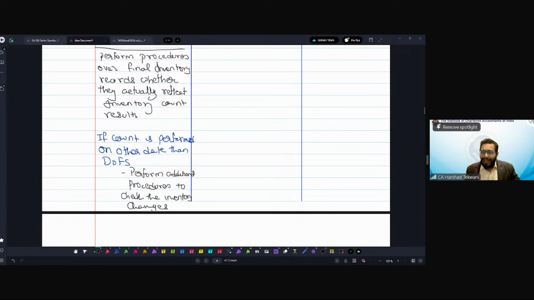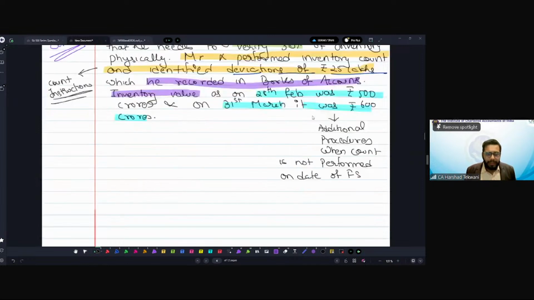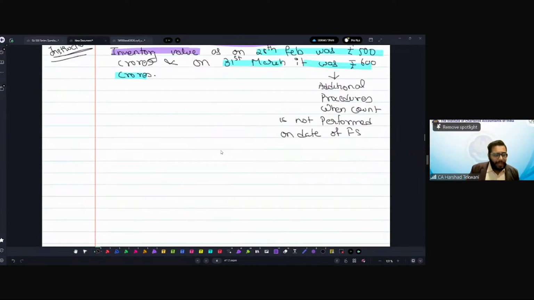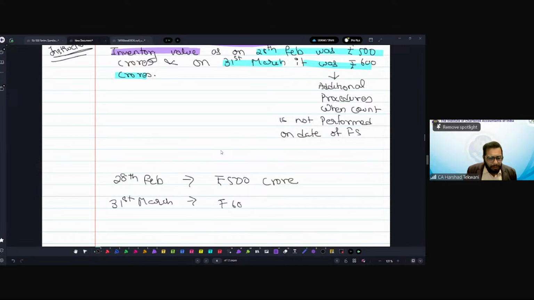Can someone give me an example of this? Let's say management has done a count on 28th Feb. Let's say I became part of the count and I'm satisfied with everything. On 28th Feb, inventory is 500 CR. On 31st March, inventory is 600 CR. How would I get comfort on 600?